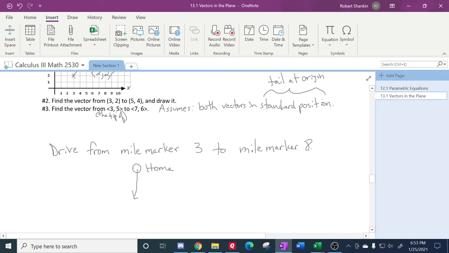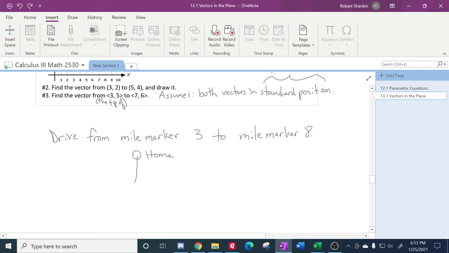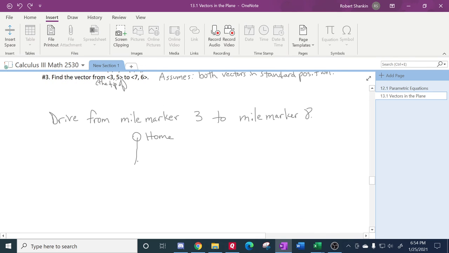And the mile markers grow as you move. So you go from mile marker 3 to 8.